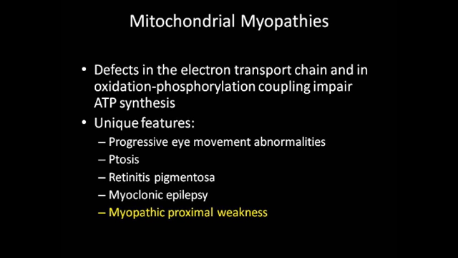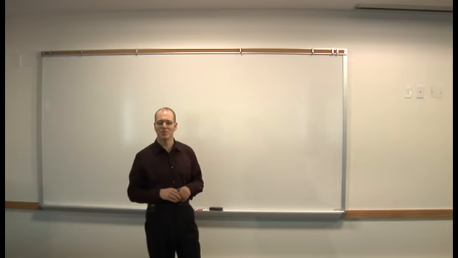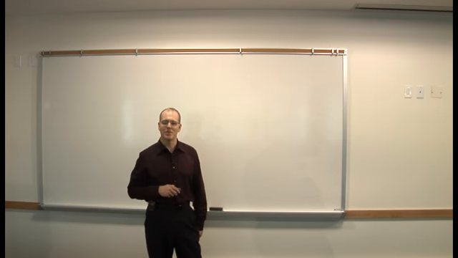This can eventually be very severe. These patients frequently will have a retinitis pigmentosa, and they may also have a form of epilepsy known as myoclonic epilepsy. Okay, so again, in that patient presenting with progressive proximal weakness, you're also finding an eye problem, perhaps epilepsy, would suggest you're dealing with something in that family.